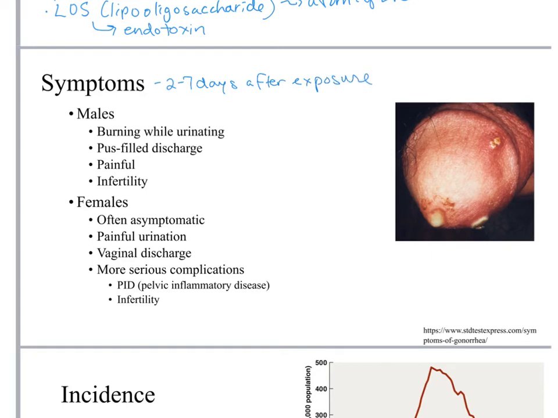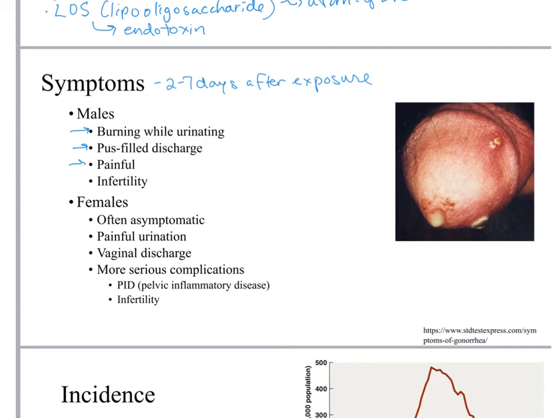For males, it's pretty painful. Burning while urinating. I've read it described as like peeing fire. A pus-filled discharge. Again, it's painful enough that males typically are going to seek treatment. Right now, we do have antibiotics that are still working. We'll talk about that in a minute.